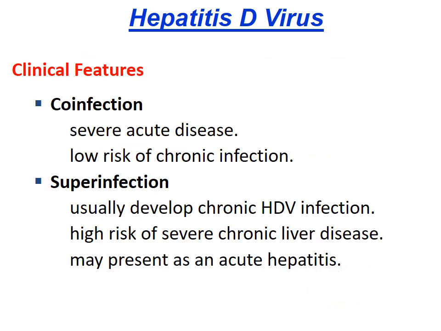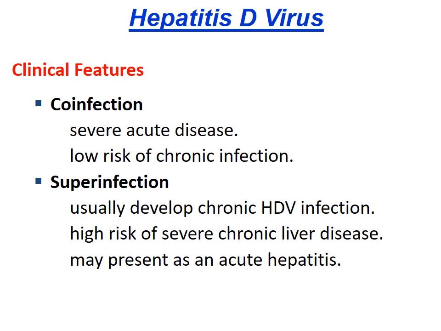Clinical features: the infections caused by it are of two types, co-infection and superinfection. Co-infection is a severe acute disease. Low risk of chronic infection is there. Here hepatitis D virus infection and hepatitis B virus infection are occurring simultaneously. Second is the superinfection, which really develops chronic infection.